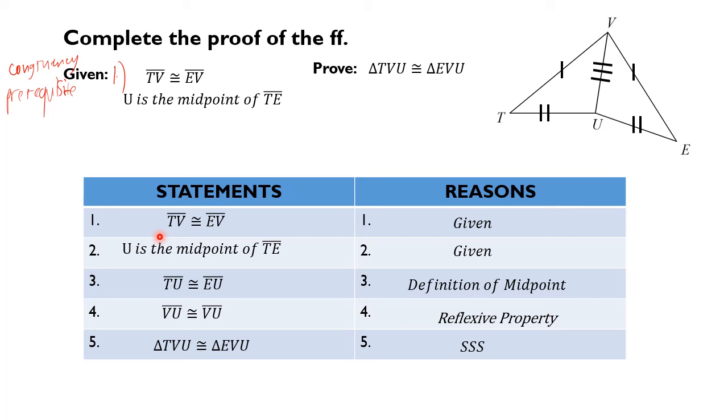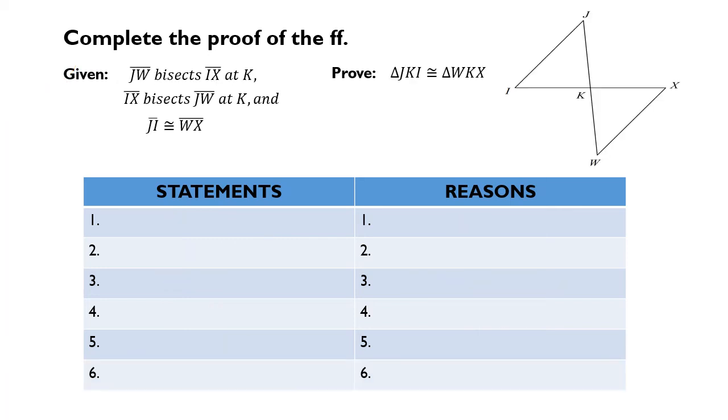Kung congruent naman kaagad yung given natin, 4 lang yung numbering natin. Hindi na tayo aabot sa 5. Okay? Always write the proof statement in the last part. Now, let's move on. And I think this video is quite long, given the nature of the topic.